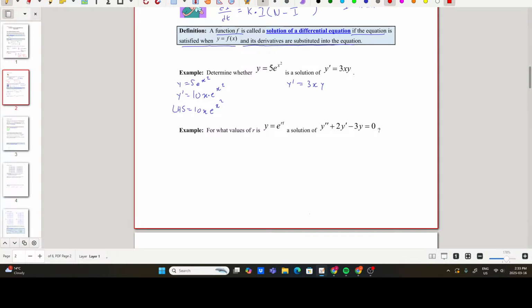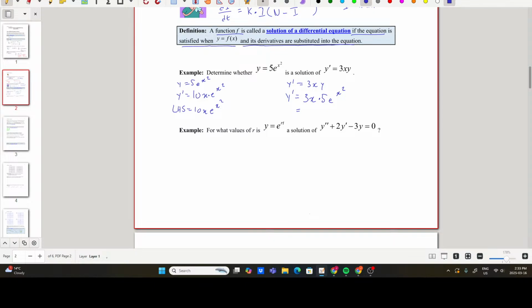We basically get y prime equals 3x times whatever my y is, so 5e to the x squared. Putting these together, it's not really looking the same so far. They look pretty different, and this is y prime as well.